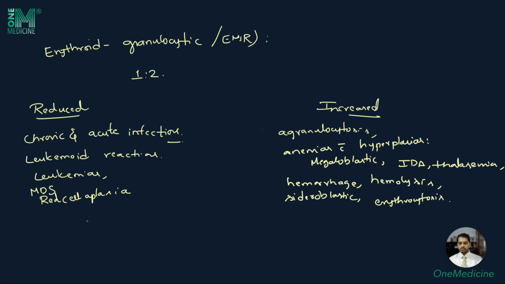So as a generalization, all the conditions that reduce the RBC production or increase the myeloid lineage will cause a reduced erythroid myeloid ratio, and all the conditions that cause an increase in the RBC production and reduction in the myeloid lineage will cause an increased erythroid myeloid ratio.